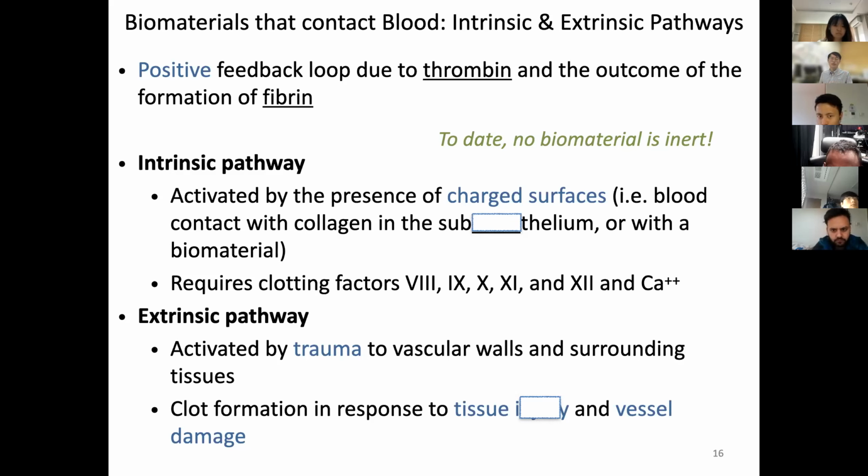So let's review the intrinsic pathway. It's activated by the presence of charged surfaces. So for example, blood in direct contact with collagen, which normally it doesn't see.